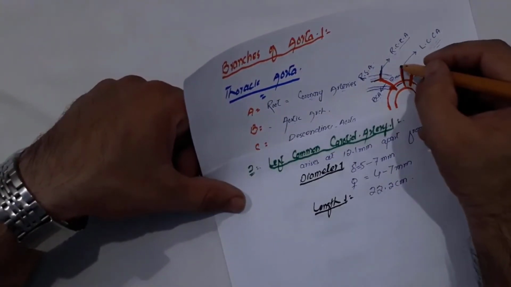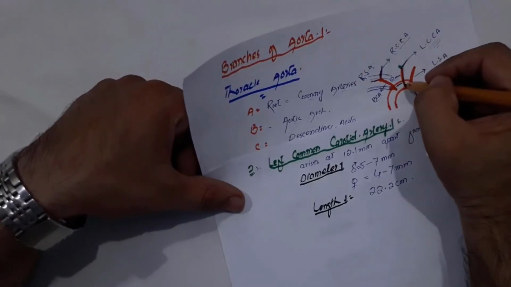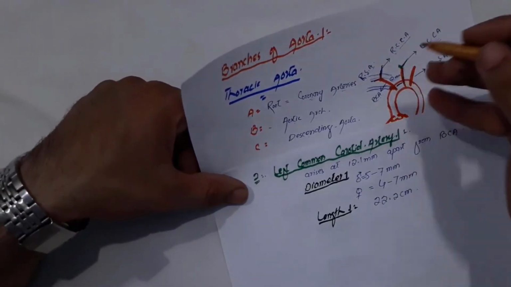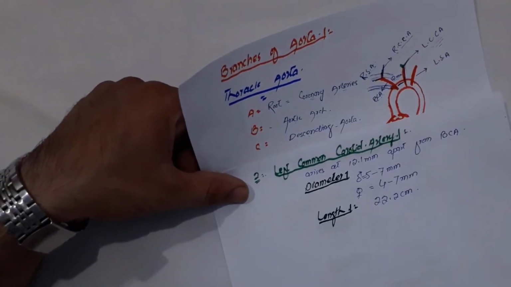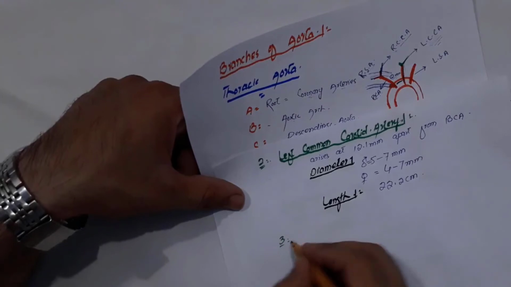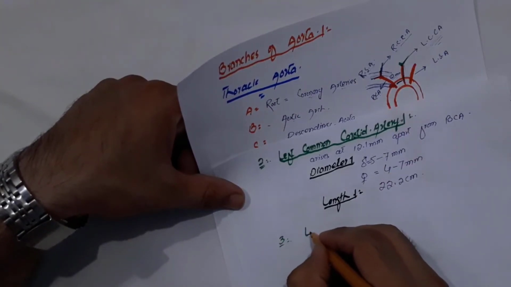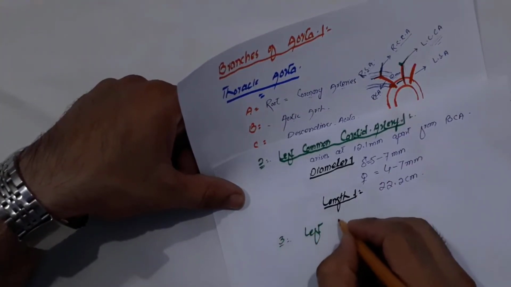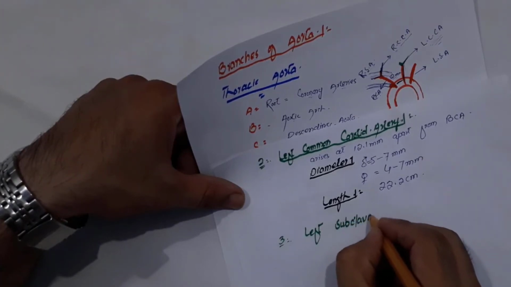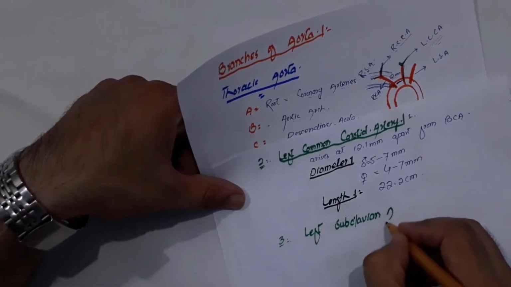This was the second branch which arises from the arch of the aorta. The next branch that arises from it, the third branch, is the left subclavian artery.